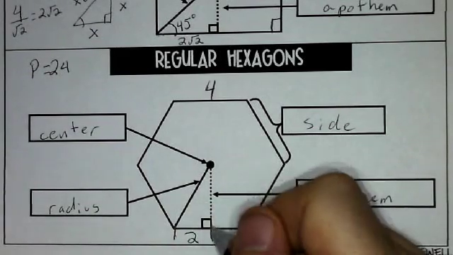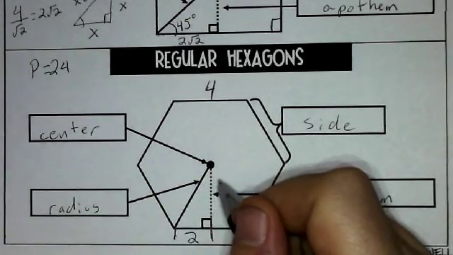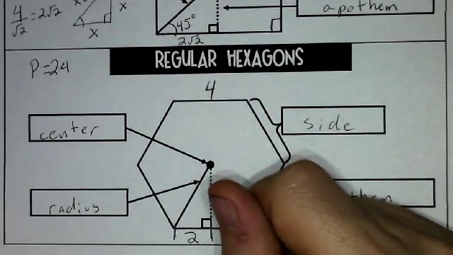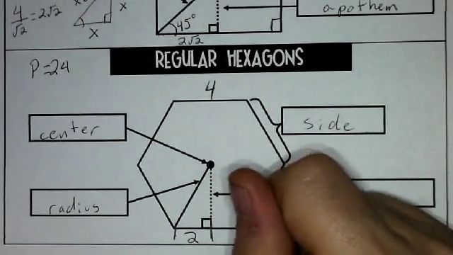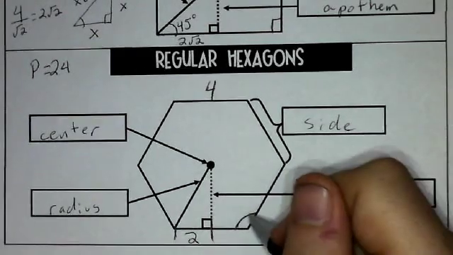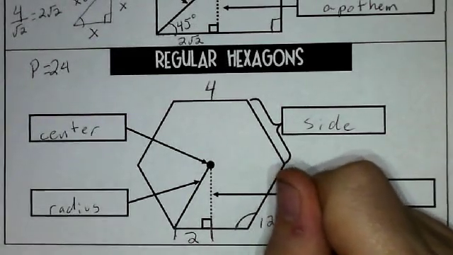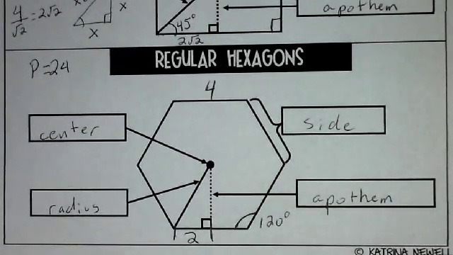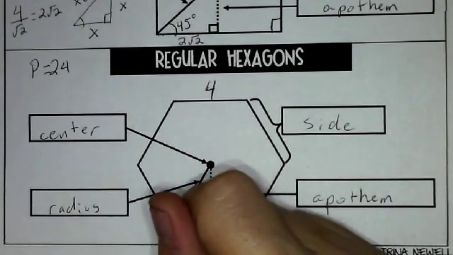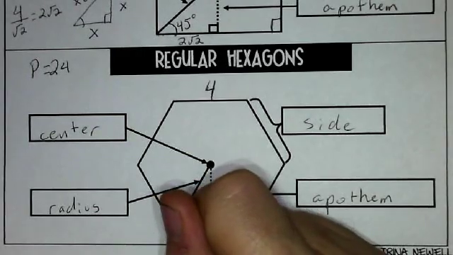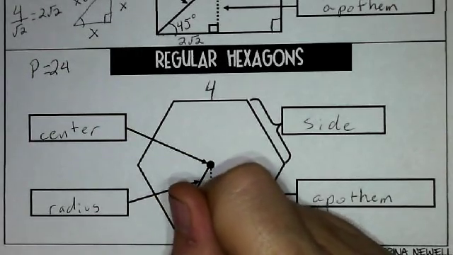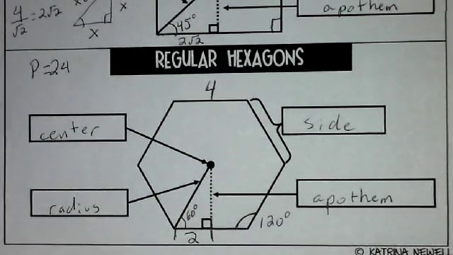And let's look at the type of triangle this is. Well, it wouldn't be too hard for me to look up and rediscover that the degree of this angle is 120 degrees. And if I cut that in half, that makes this a 60-degree angle.